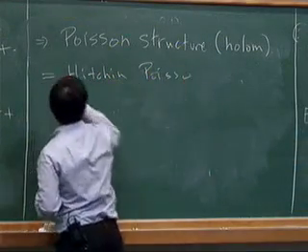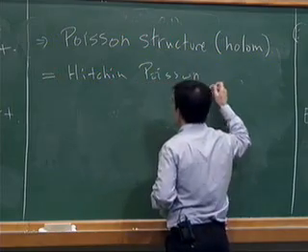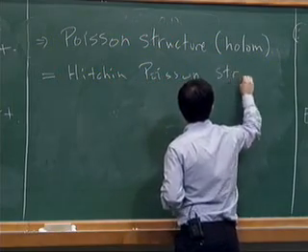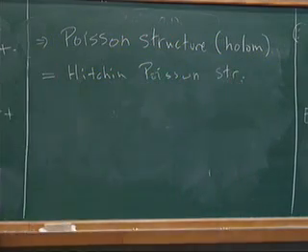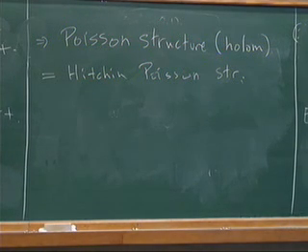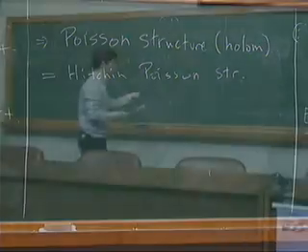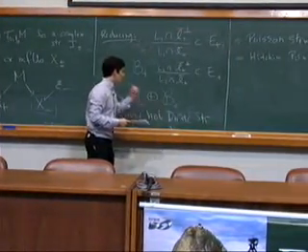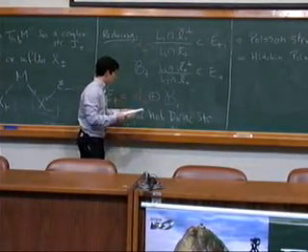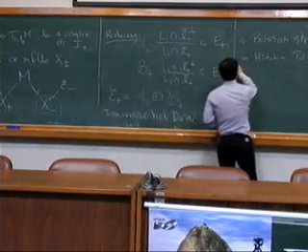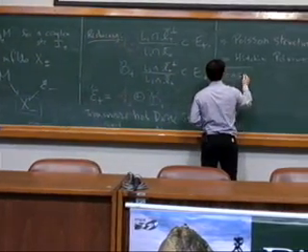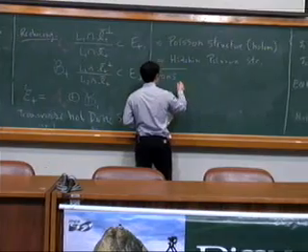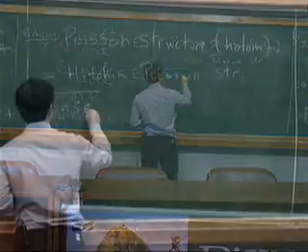It actually explains the existence of the Hitchin-Poisson structure on these. So it really comes out of these two, and this is kind of interesting. There are many questions that we had about generalized complex geometry, which this answers.